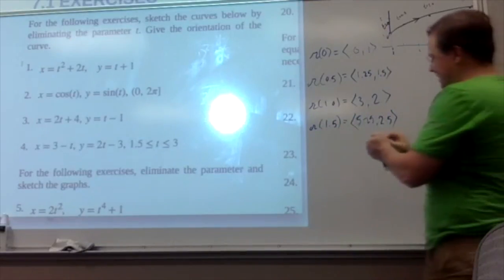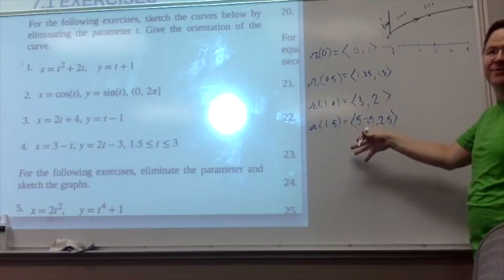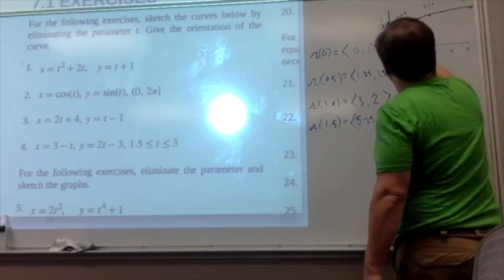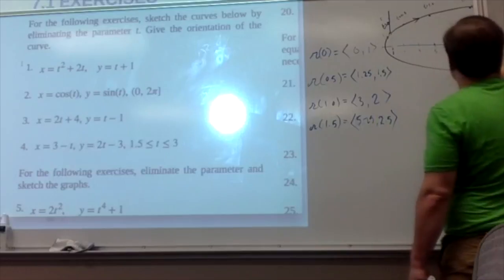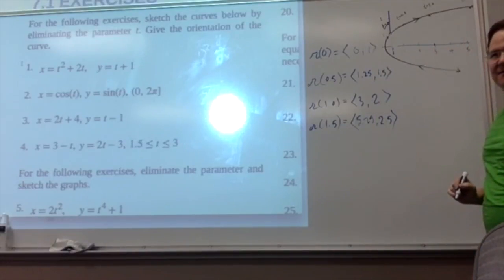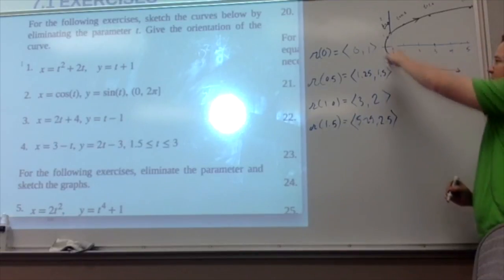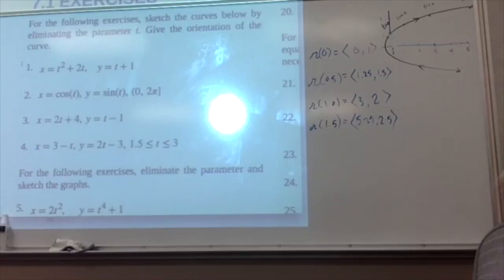Now I can make a more complete graph in light of that without even plugging in any more t's. It goes like this, and I might put in one more arrow. These are all negative t's, but as t increases, it's going that way, right? Is that okay? That's how these work.